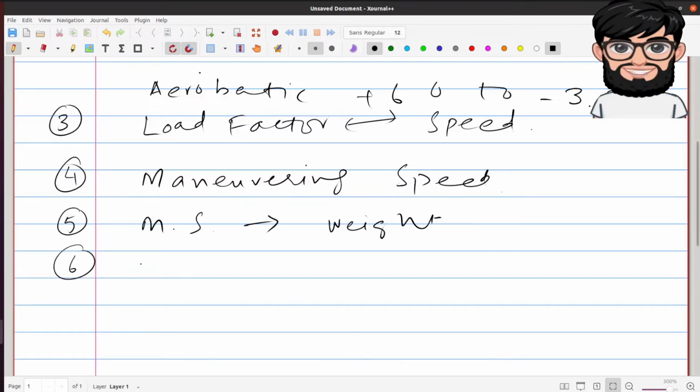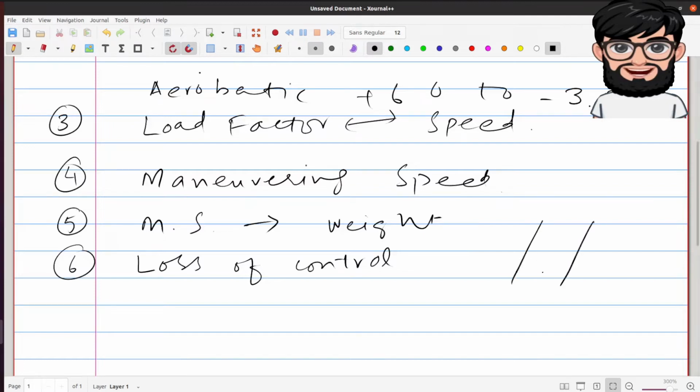Then we have to talk about loss of control. And this is for in-flight. Describe several situations that might increase the risk of getting into this loss of control. It is defined as a significant deviation of an aircraft from the intended flight path.